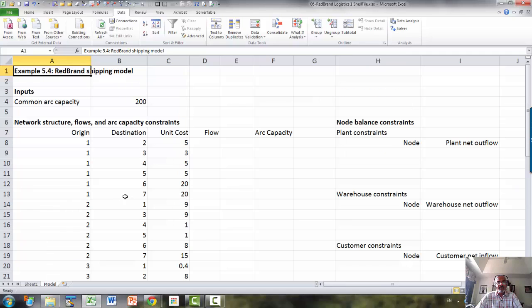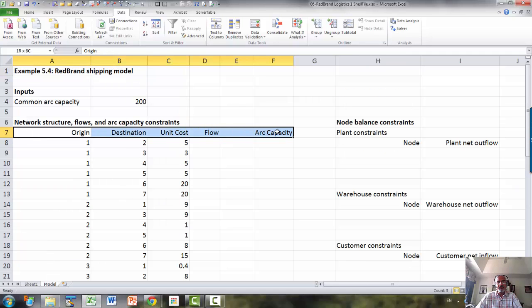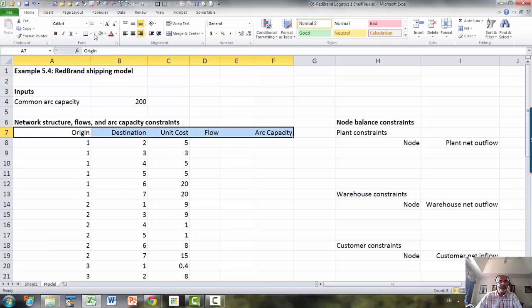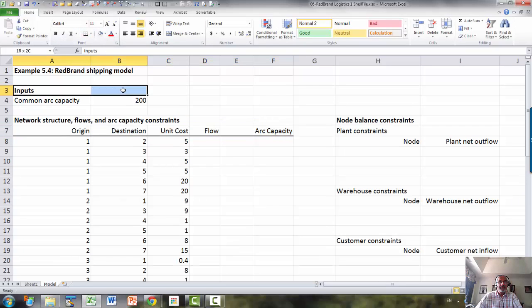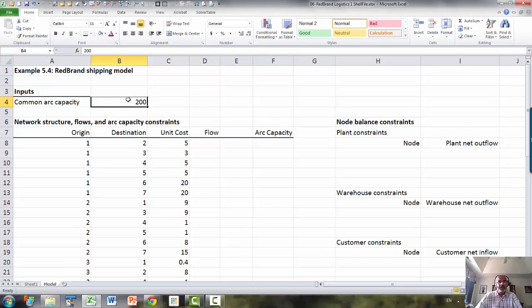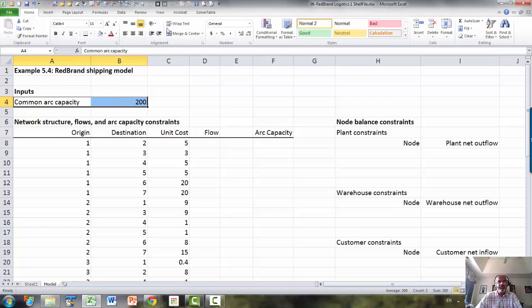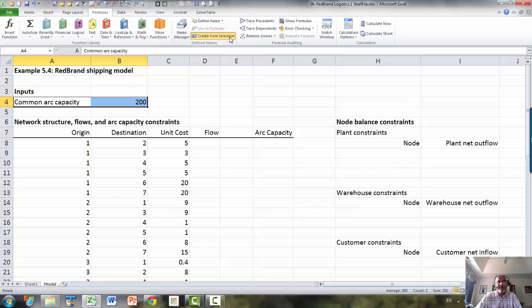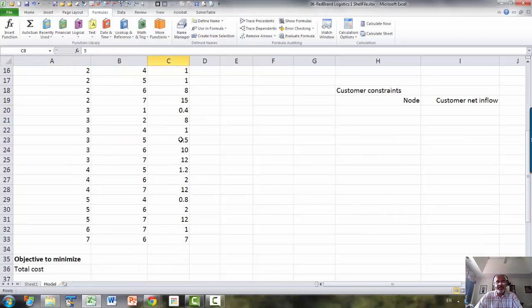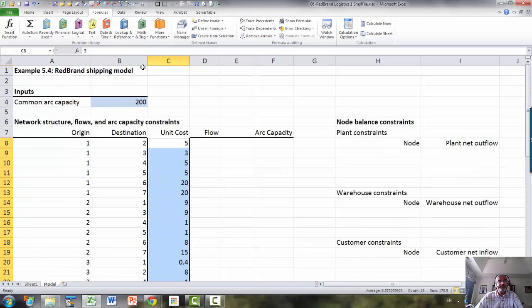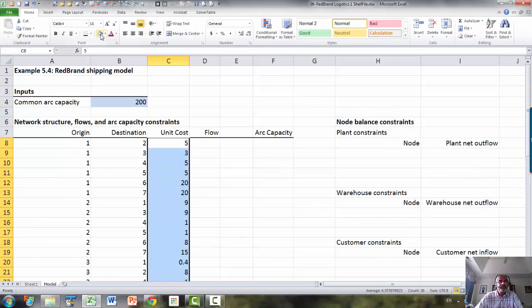Okay, so we have everything set up. So let's color code these. Common arc capacity is an input, so let's give a name to that. And the unit cost is an input.